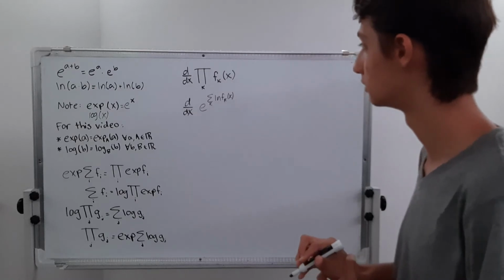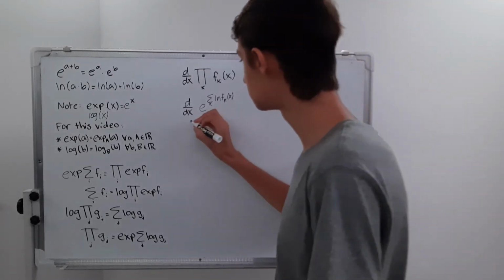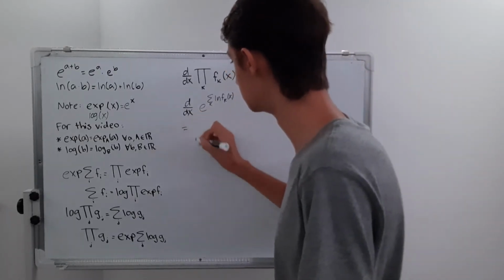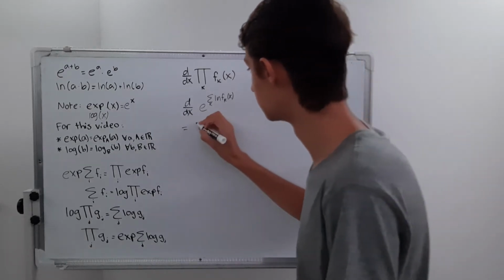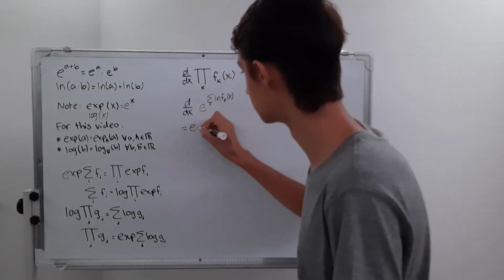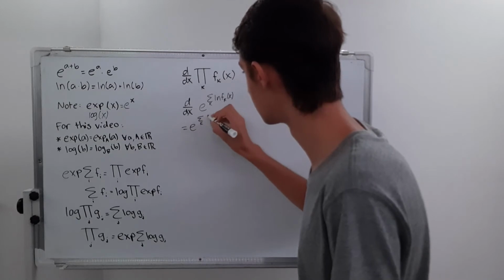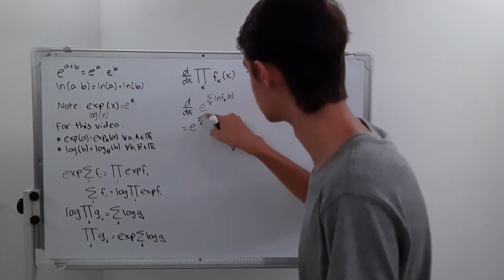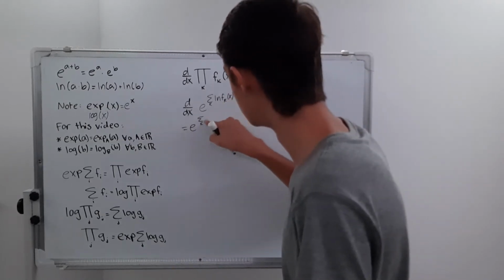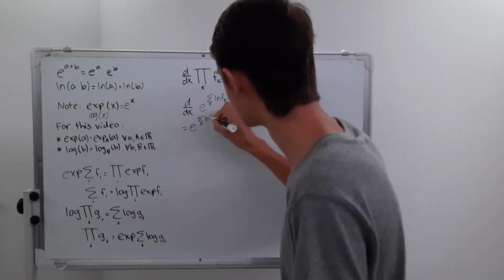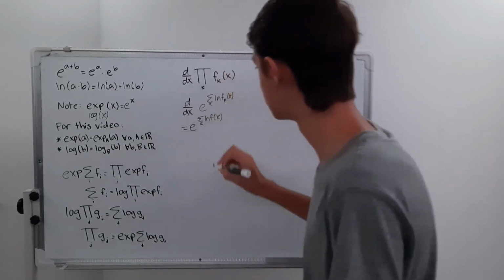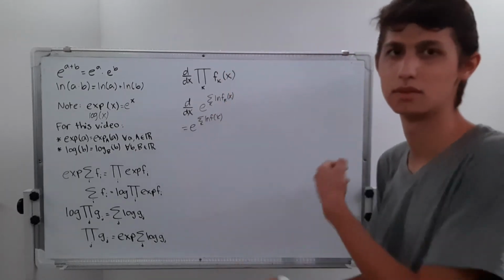So if we actually compute the derivative, this is equal to e to the whole thing, e to the sum of the natural log of f_k, times the derivative. But what's the derivative of a sum?